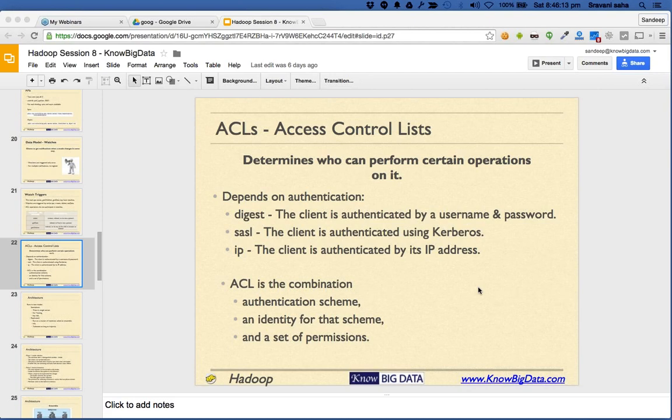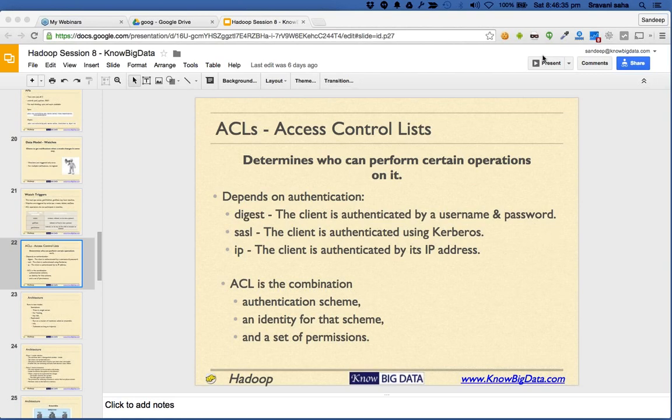Correct. Authorization means providing access to the user and privilege. Good, good. Thank you, Damodaran. Anybody else? Yes. Anuj says authentication is more security related and authorization is... good, good, excellent. All right.